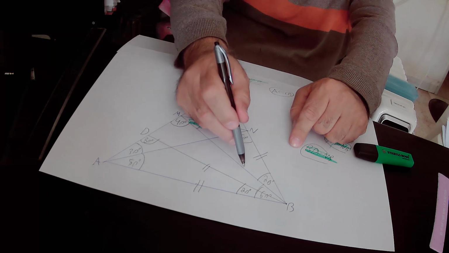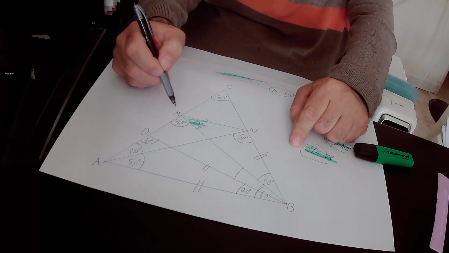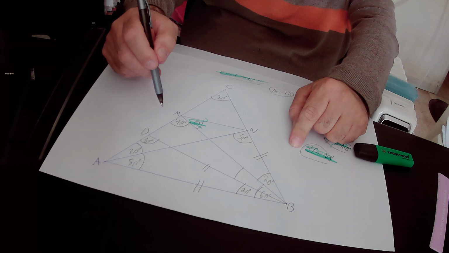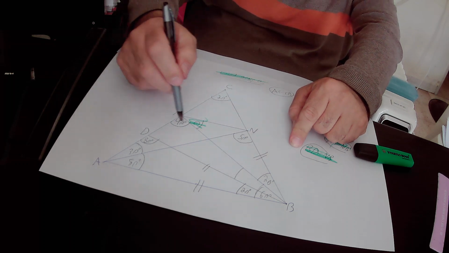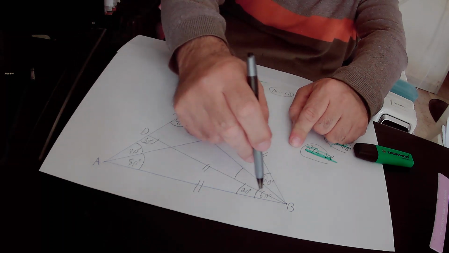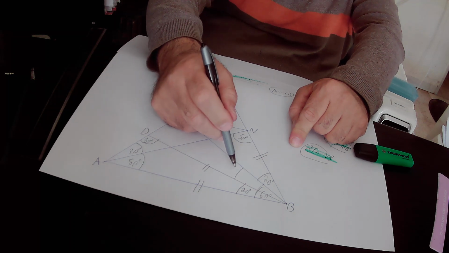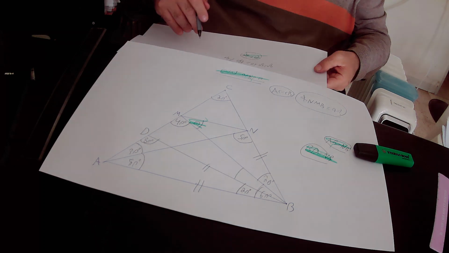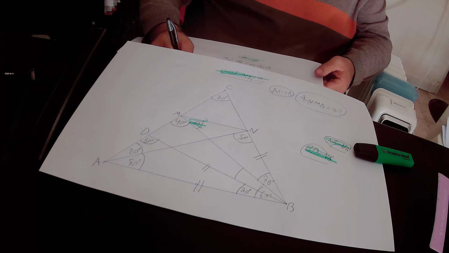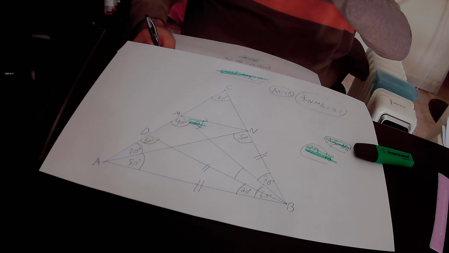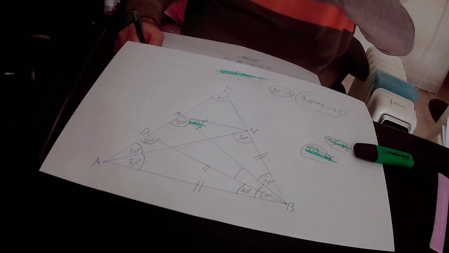Therefore, the missing angle MBD must be equal to the big angle MBA minus the small angle DBA.